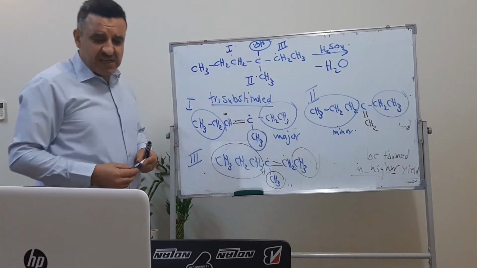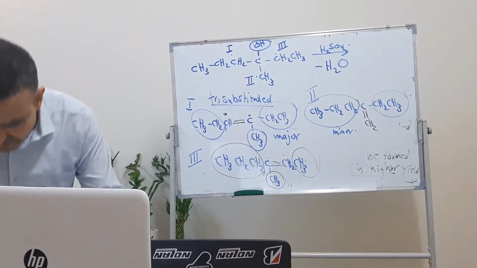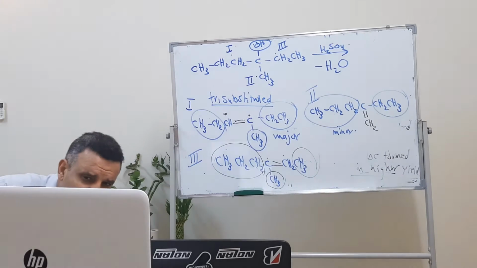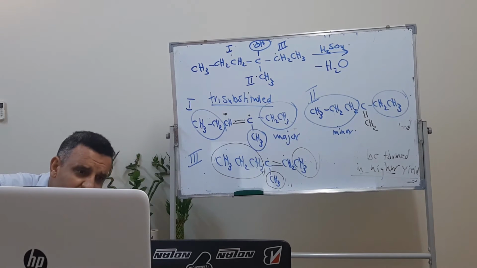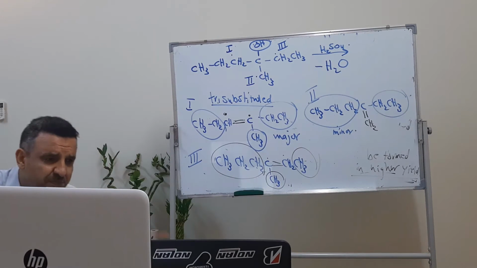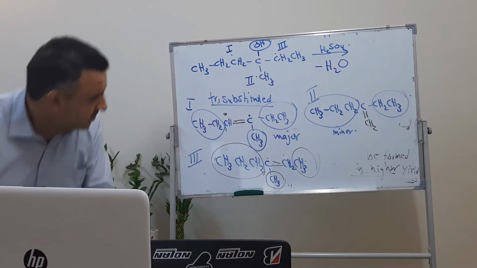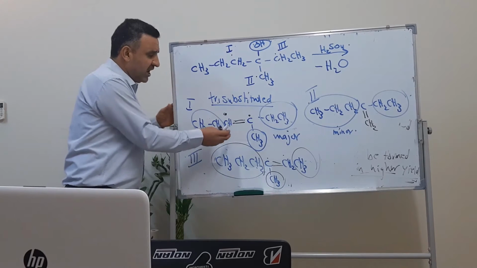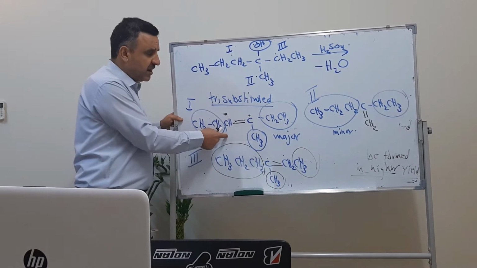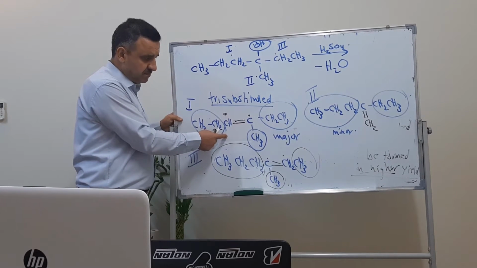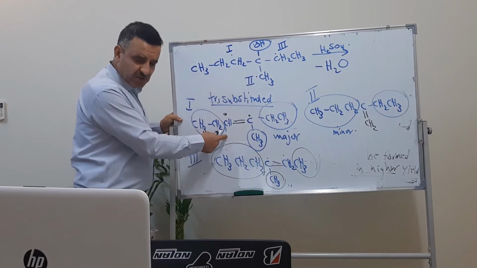Now, as you can see, in principle, we have 3 possible structures. But what if I asked you, how many E and Z structures are also possible? How many stereoisomers, E and Z, are possible? Is there a possibility for E and Z here? Yes or no?